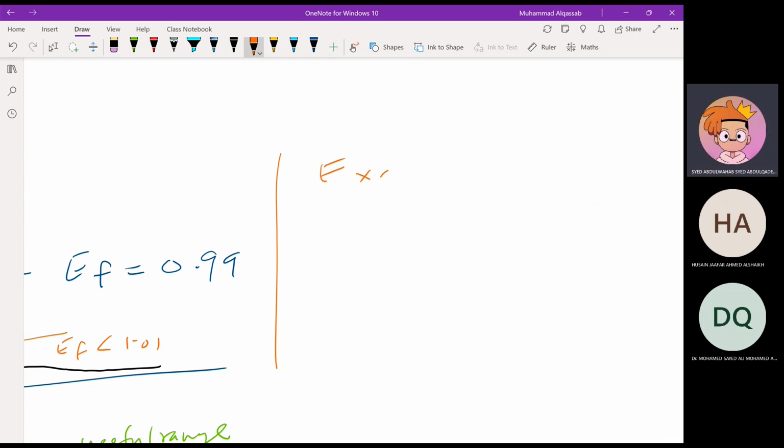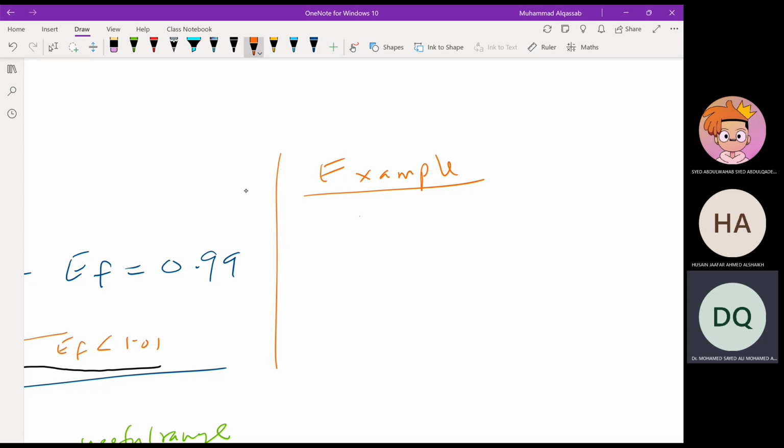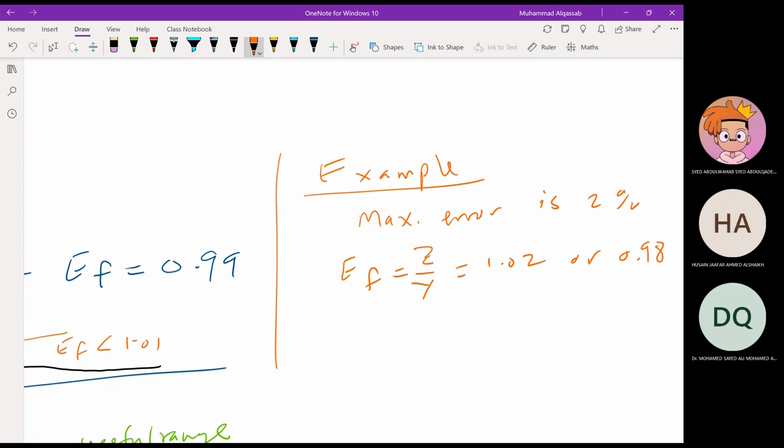Doctor, if it's 2%, won't it be 2.01 and 1.99? If the maximum error is 2%, then the error factor z over y will equal 1.02 or 0.98.